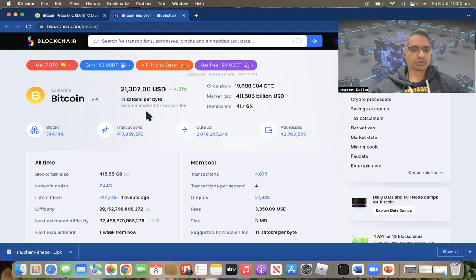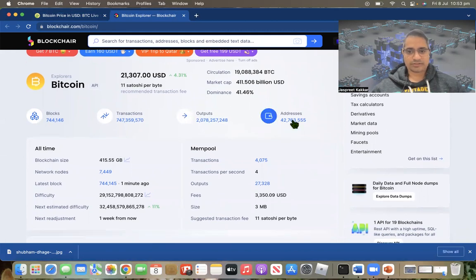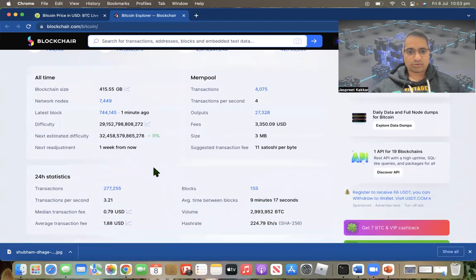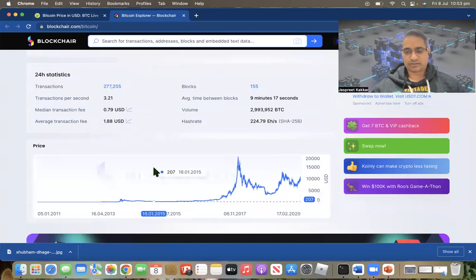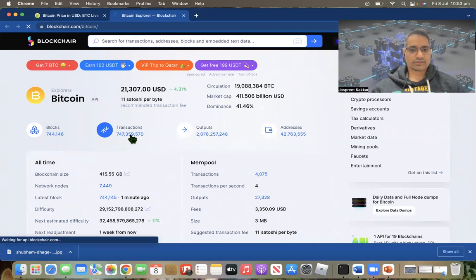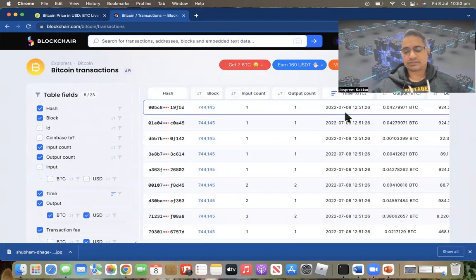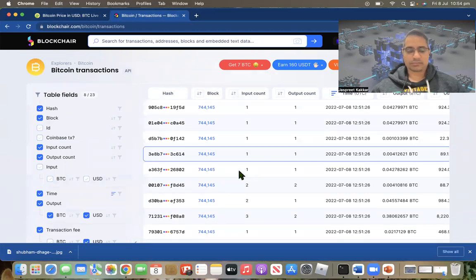This is a block explorer, and you can see that these many blocks have been mined, and these many transactions are there, these many outputs are there, these many addresses are there. You can also look at the current transactions that are happening. Let's click on transactions. You can see all the transactions, sorted by date.